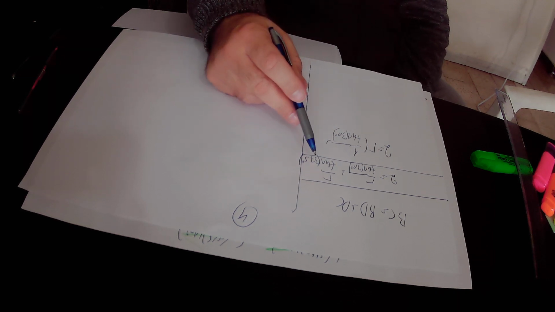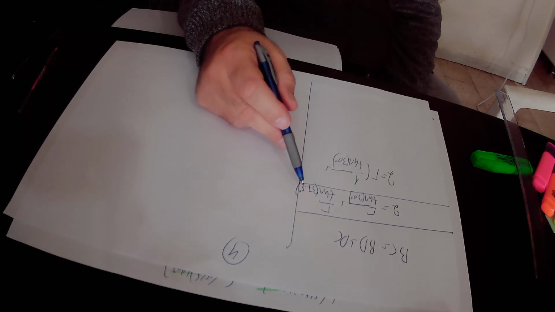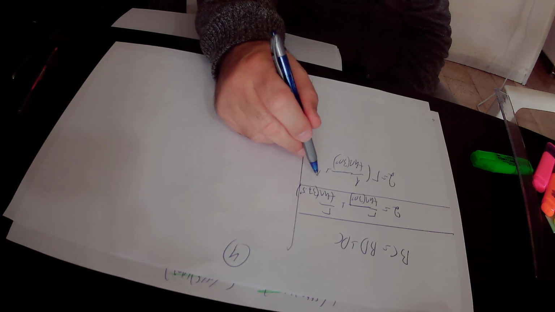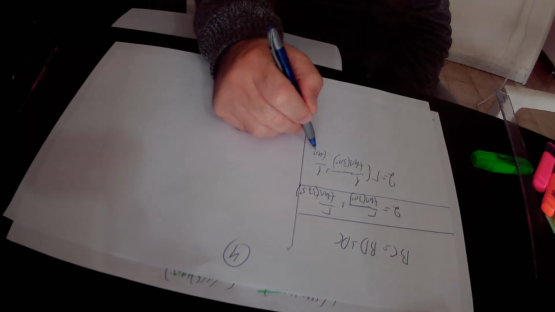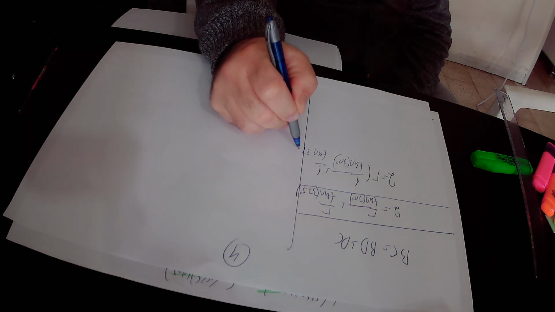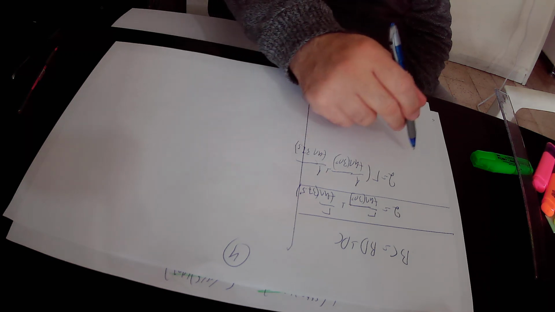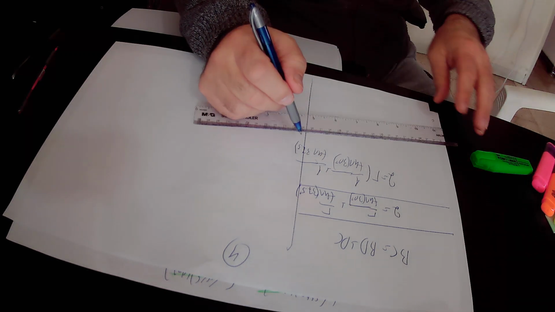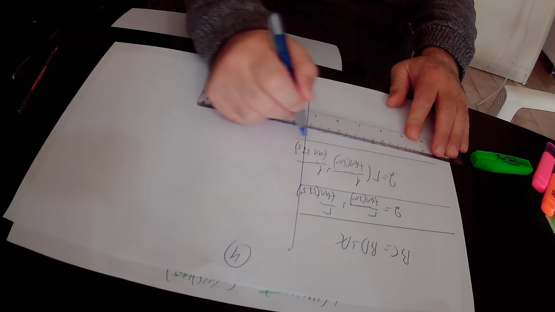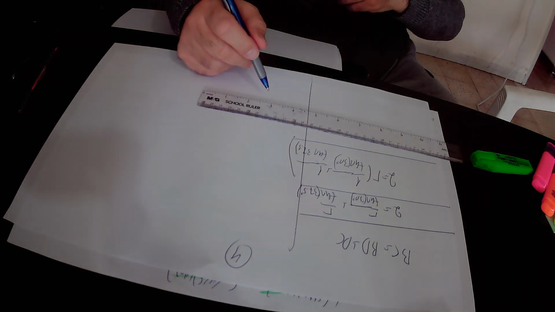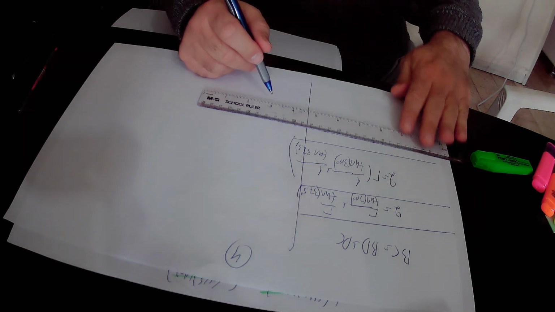And what is left from this expression is 1 over tangent 37.5 degrees. So in conclusion, 2 equals R times 1 over tangent 30 degrees plus 1 over tangent 37.5 degrees.